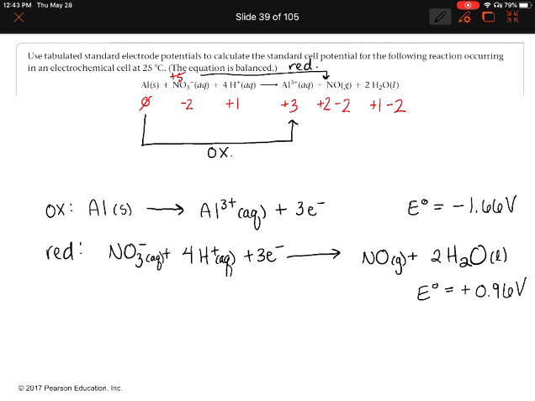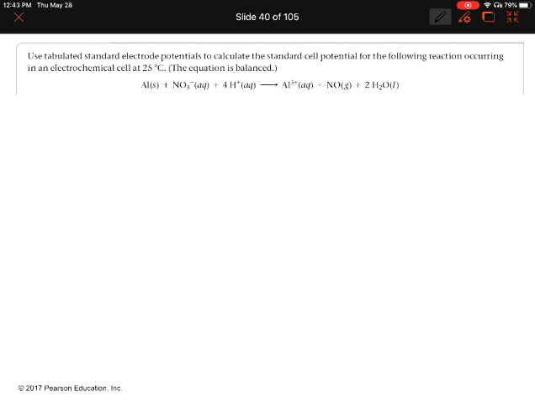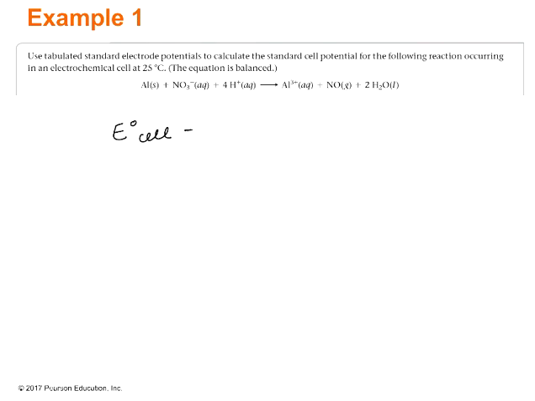Okay, so now we can use our equation where the standard cell potential is equal to the potential of the cathode minus the potential for the anode.